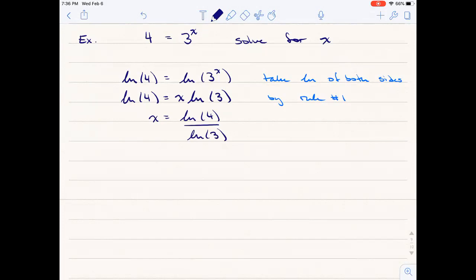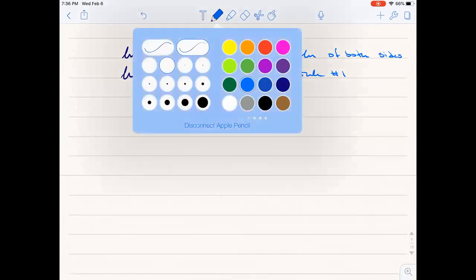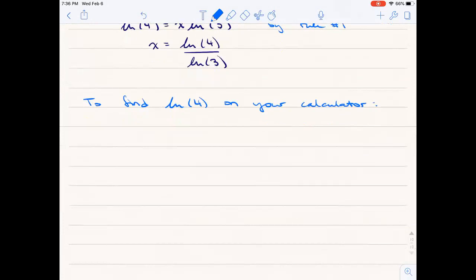To find the log of a number on your calculator, to find the log of 4, you're going to have 4 on your screen and then hit the ln button and then hit equals.